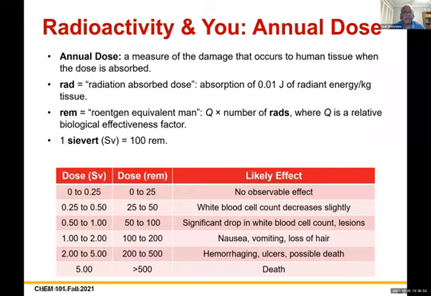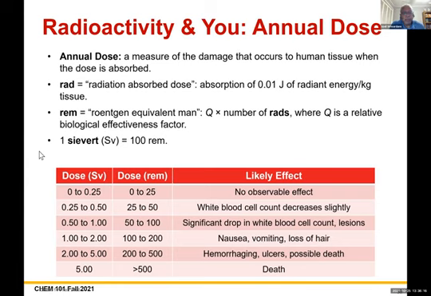So if you look at radiation dosage in sievert and REM, 0 to 25 REM exposure, based on this RAD definition and REM definition, there's no observable effect on the tissues or living organisms.